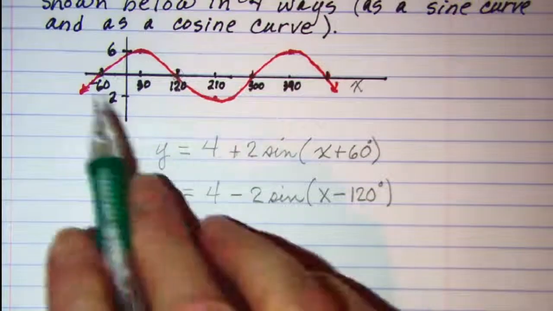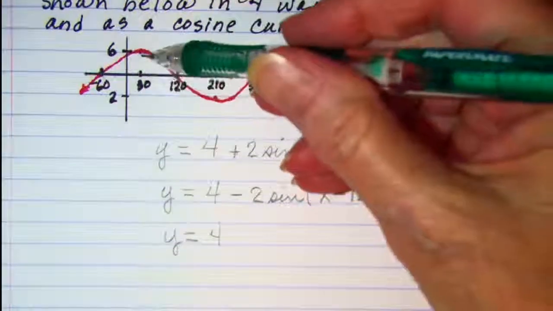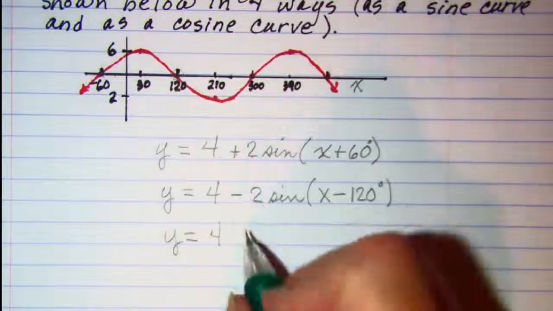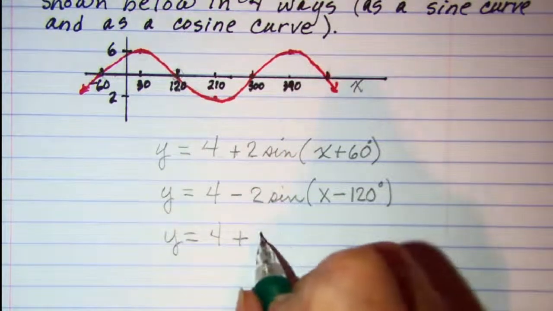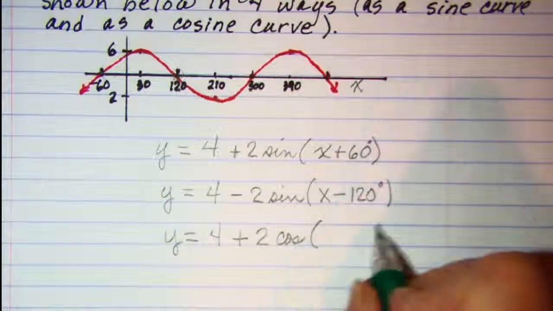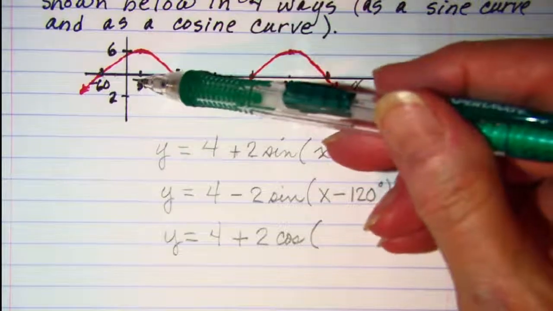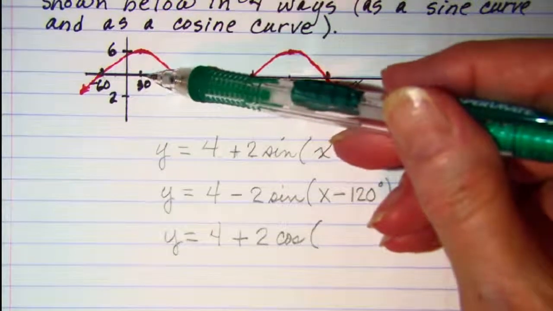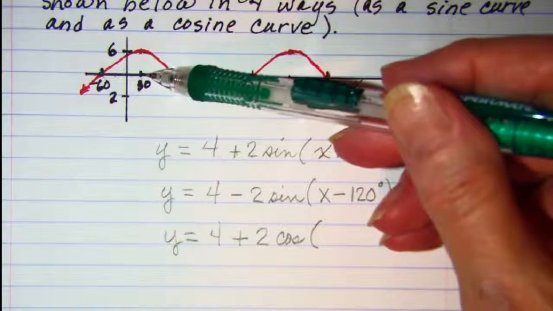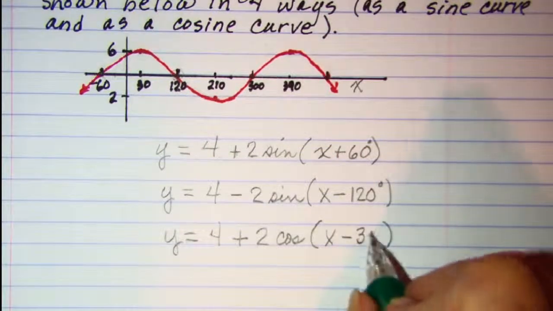My center line is still at 4. My amplitude is still 2, and let's go ahead and talk about the positive cosine curve. So 2 cosine. And my phase angle, I have a positive 30 degree phase angle, which means this is x minus 30.